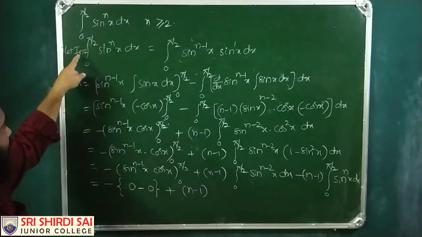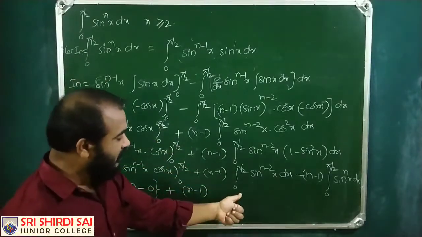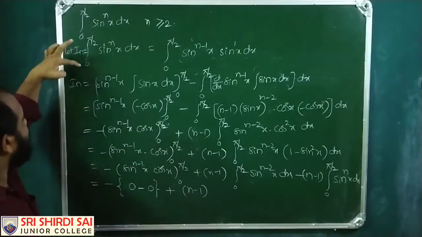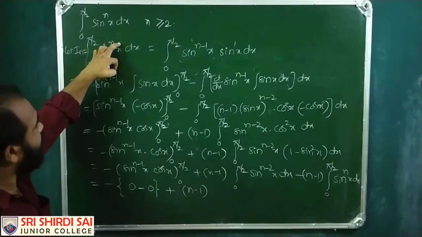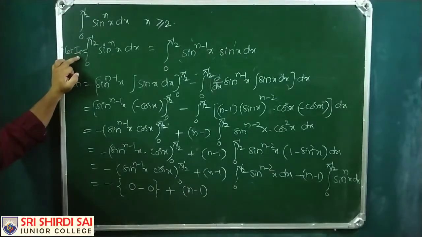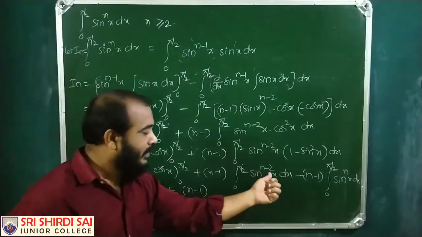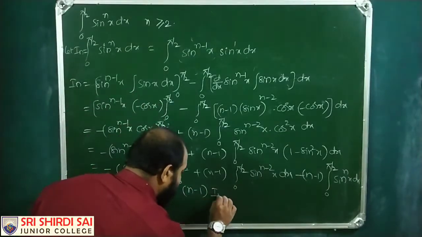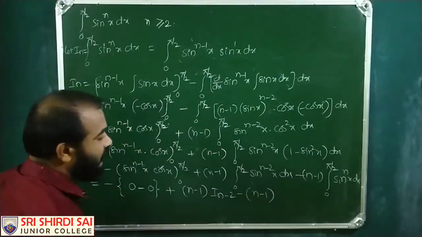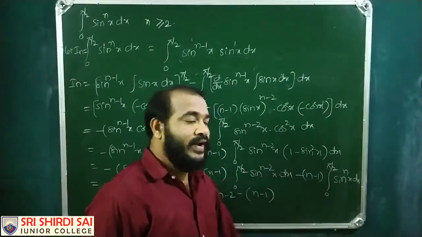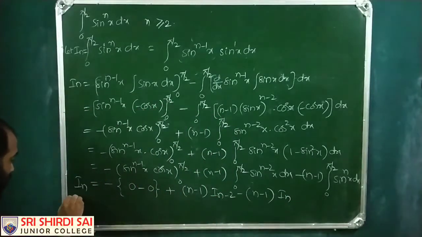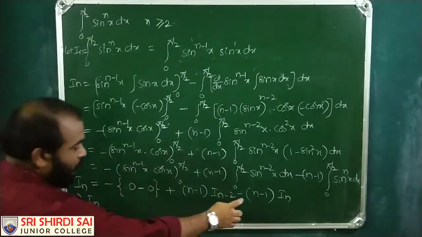Plus n minus 1 into integral 0 to pi by 2 sin power n minus 2 x dx. Again, integral 0 to pi by 2 sin power n x dx, if the power is n, I take the suffix to be I n. So here, power n minus 2, I take it as I n minus 2, minus of n minus 1 into I n. So I n is equal to I n minus 2 minus of n minus 1 I n.